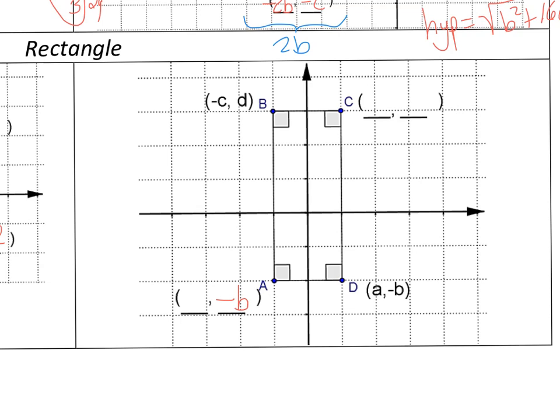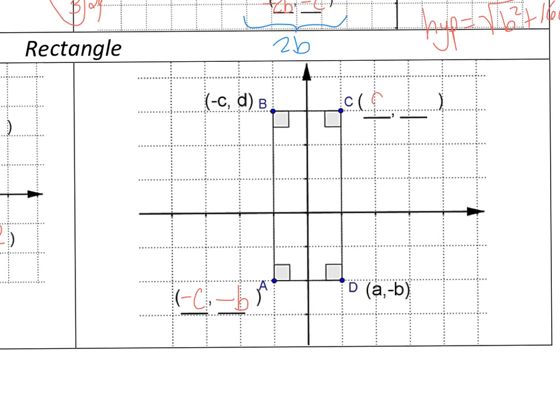From a perspective of X here, if B is located at negative C, I'm going to drop right down. That would mean that vertex A is at negative C. From the perspective of the X dimension, C and D are at the same location.